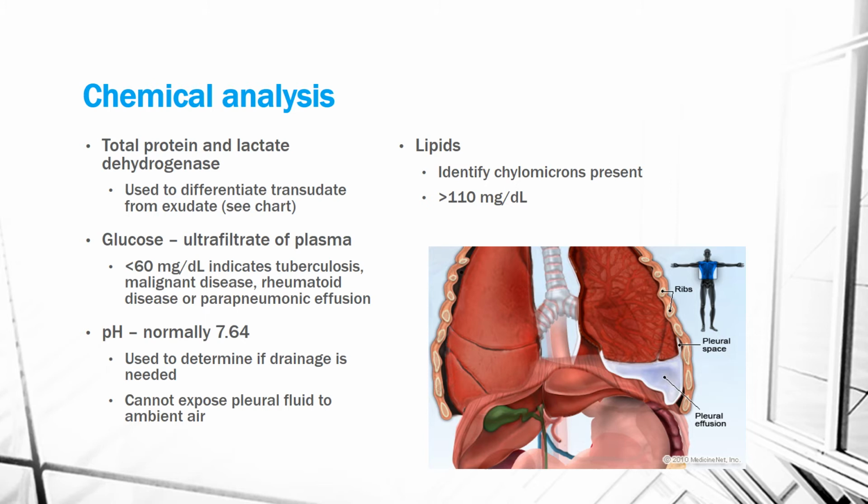If you get a triglyceride level greater than 110 milligrams per deciliter, generally speaking, that's our cutoff. If it's greater than that, it's a chylous effusion. A pseudochylous effusion is generally less than 110 milligrams per deciliter.